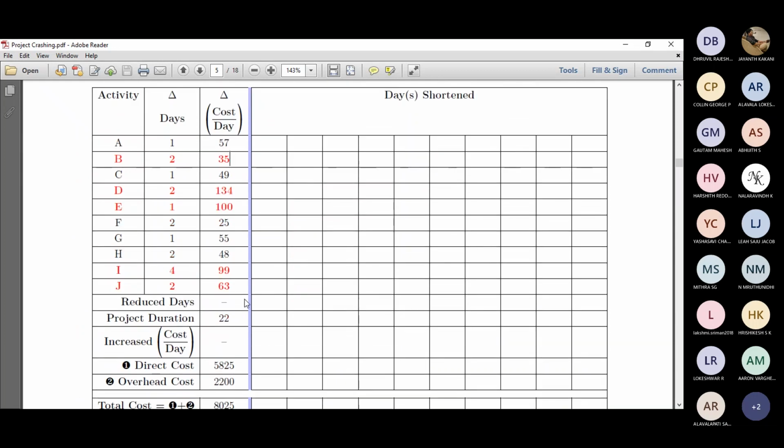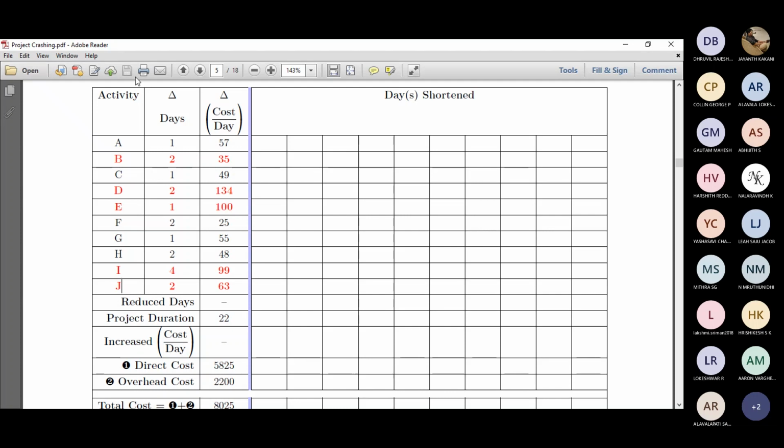Right, so this is the initial table, and here I've highlighted some activities in red color. Those are the critical activities or the critical path, like B, D, E, I, and J. Right. So these are the critical path. Remember, from this point onwards, we'll be looking into the trial and error method for finding out the least cost and optimal time. So kindly pay attention. Sometimes this might be confusing, so I request you to pay much attention to this.